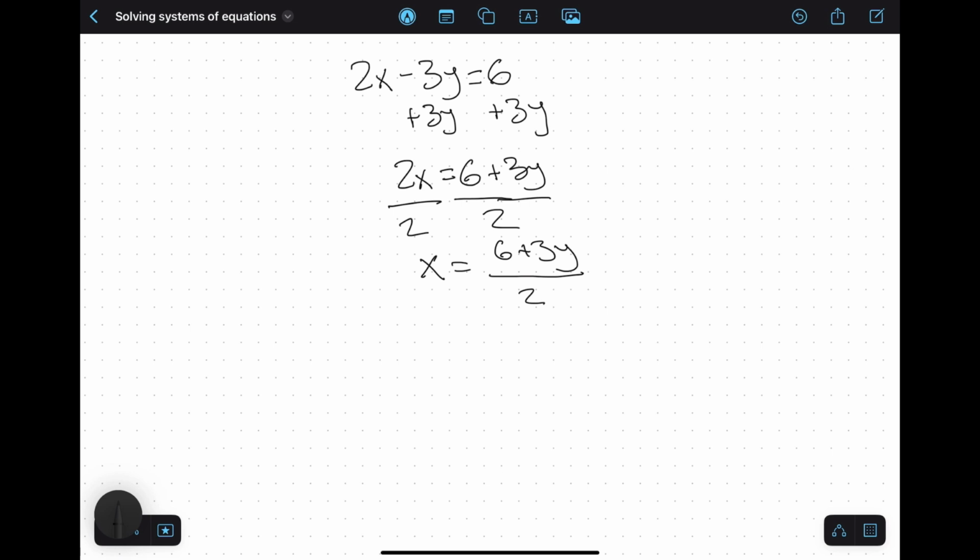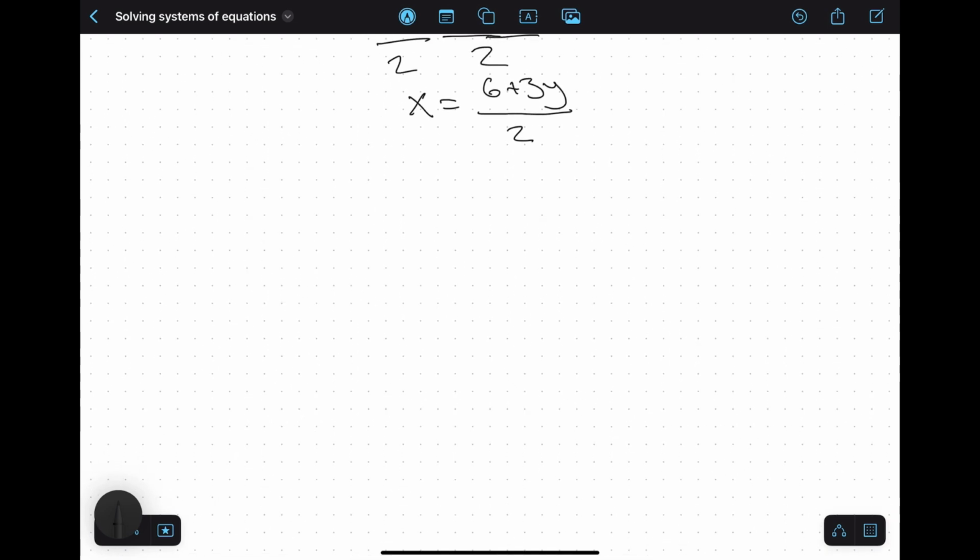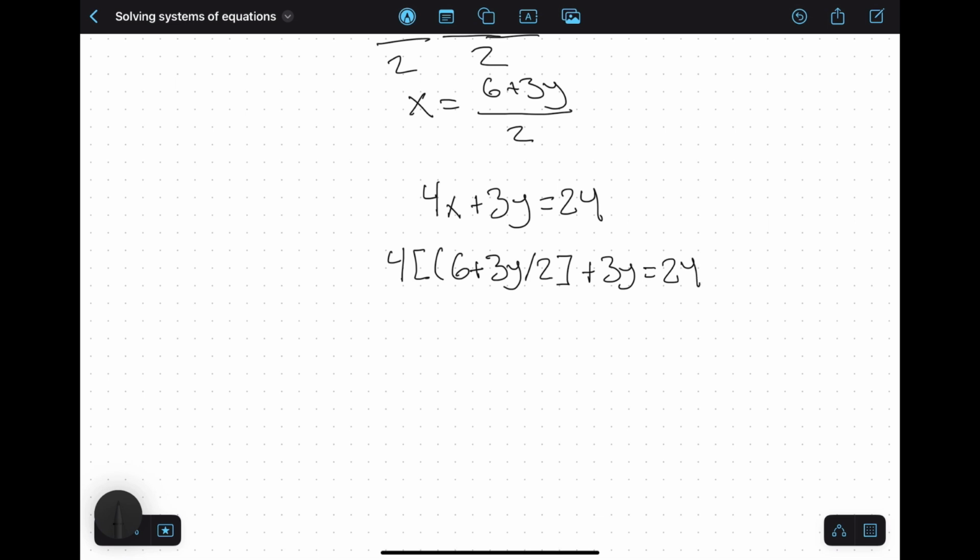Now we're going to plug that into the first equation. So we have right here 4x plus 3y is equal to 24. We're going to substitute 4 times the quantity 6 plus 3y divided by 2, plus 3y is equal to 24.